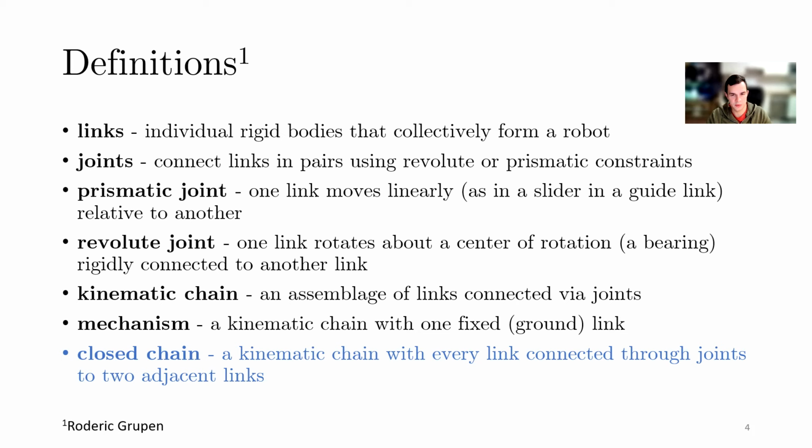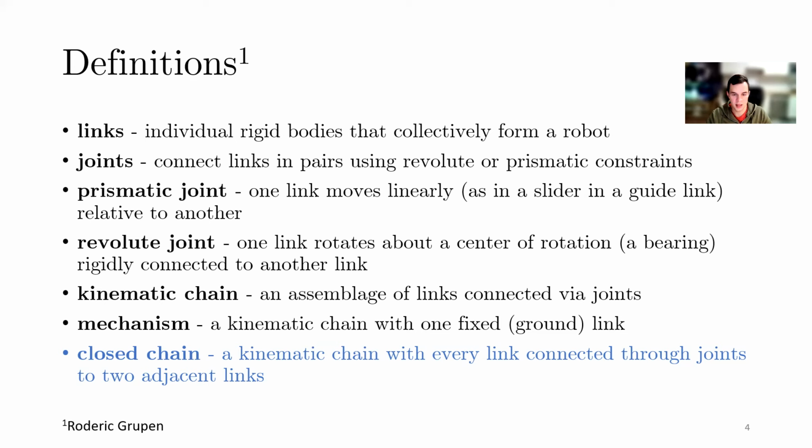There's a lot of different kinds of joints, I believe dozens. But the most common is a prismatic joint that allows one body to move linearly with respect to another, and a revolute joint that allows rotation of one body with respect to another body.